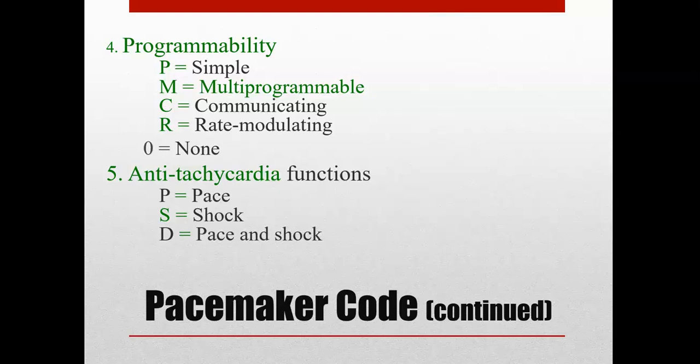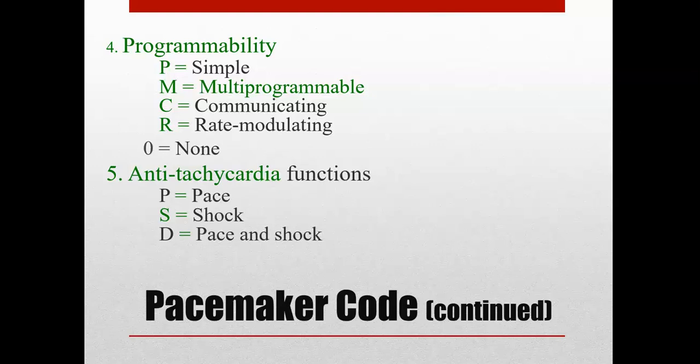P is simple, so its rate, output, and sensitivity have one or two programmable parameters. M is multi-programmable, so more than two programmable features exist. And then C is communicating, which means that the device possesses telemetry capability, so we can literally see the actual waveforms and EKG. It also implies that it is multi-programmable.